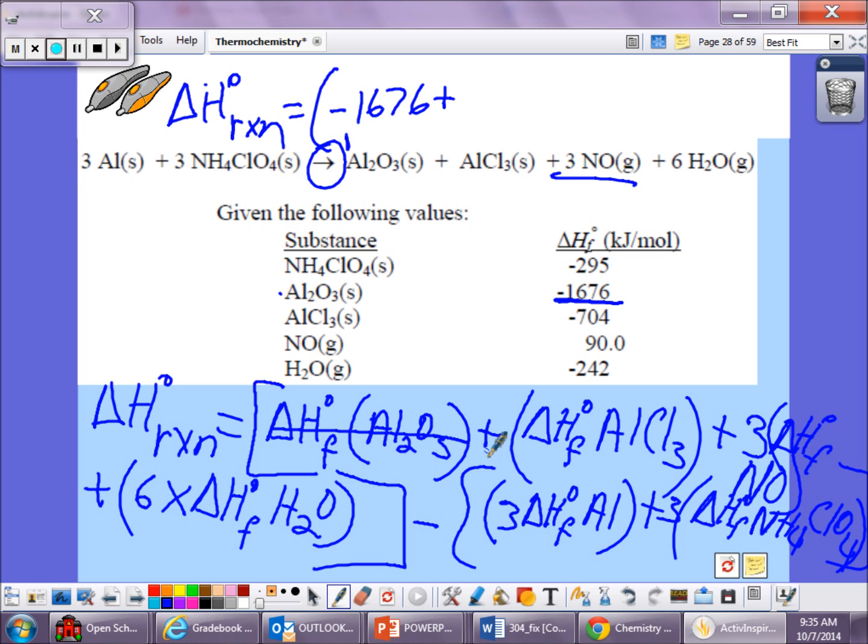Keep an eye on me, guys, in case I make any mistake. AlCl3 is negative. Okay, I can put negative here. This is 704. Let me use a bracket just to make sure. Negative 704. Alright, so I'm done with this one.